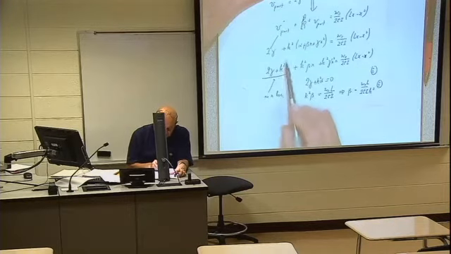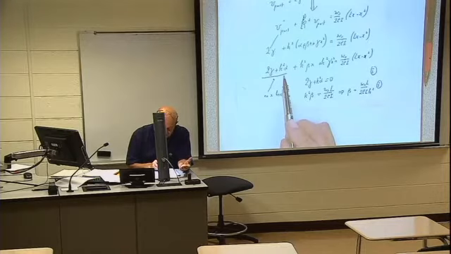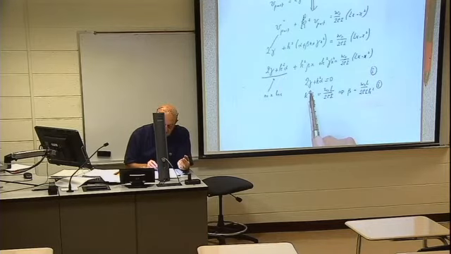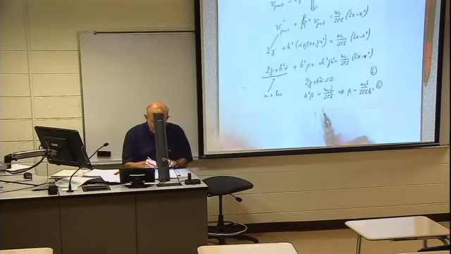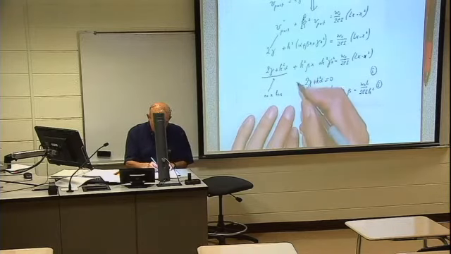Then this term must be 0 because there is no x here. And in order for this expression to be 0, this term must be 0. 2 gamma plus k squared alpha equals 0. That is one thing, that is the first equation.